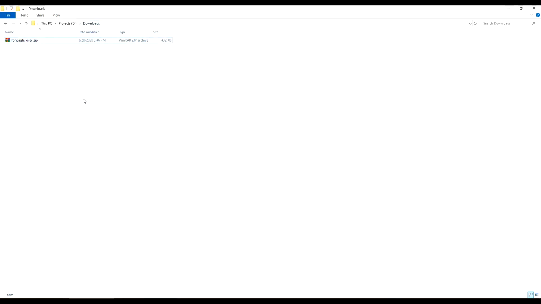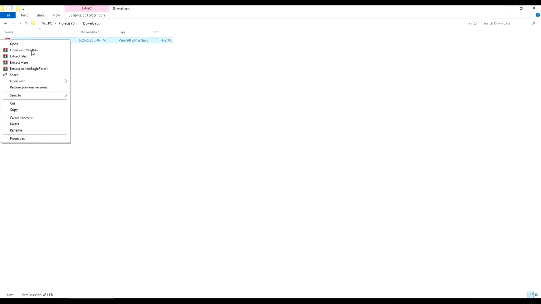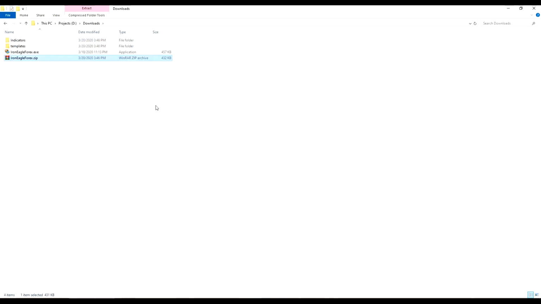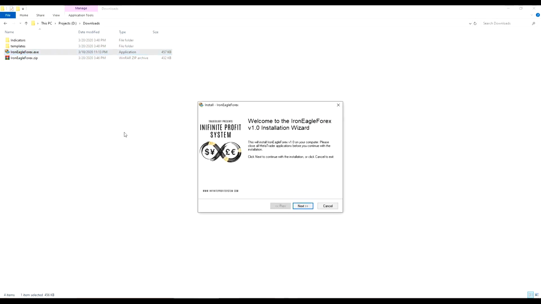For me, for example, it's in the downloads folder, but of course you can select any other folder you want. Simply right click on it and you can extract it here. I've extracted it and you'll see it contains 2 files, including one executable file. So just double click on Iron Eagle Forex, and then when it opens up, just follow the instructions.